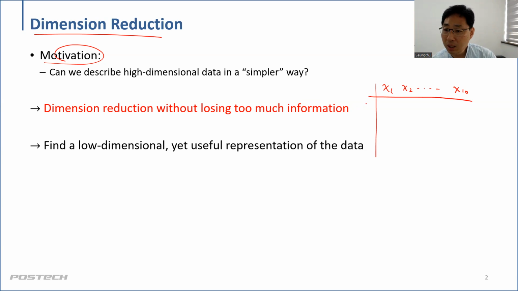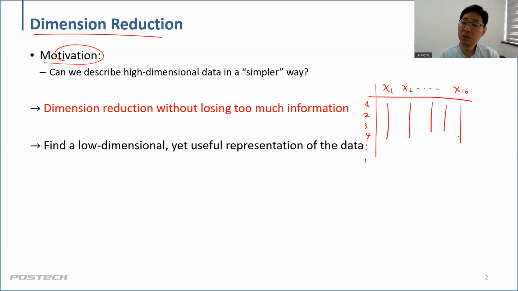Over time, you can have 10,000 or a million data points, and this is the data set you're going to have. In this case, it is a 10-dimensional space, right?